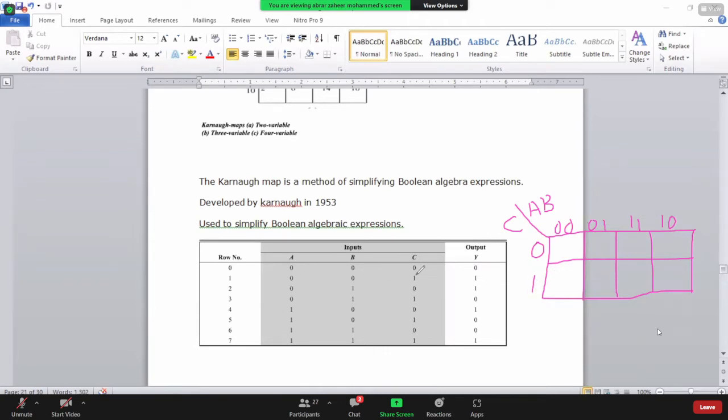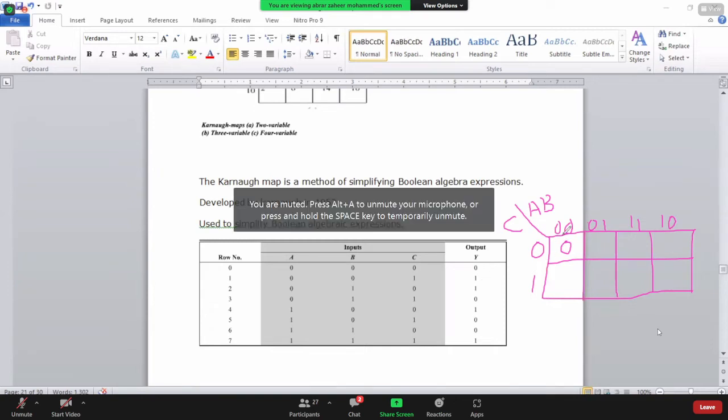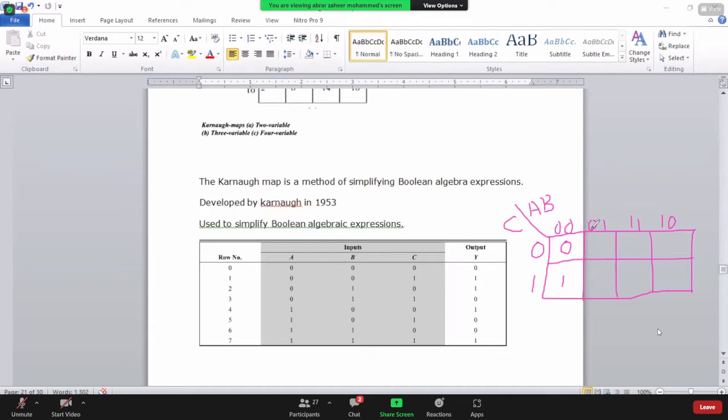For 0 0 0, the output is 0, so we'll enter here 0. For 0 0 1, the output is 1. For 0 1 0, the output is again 1.